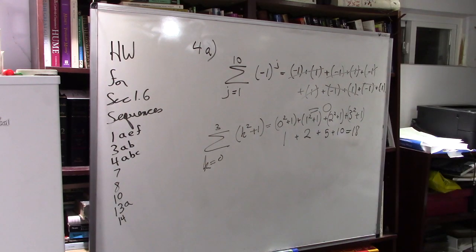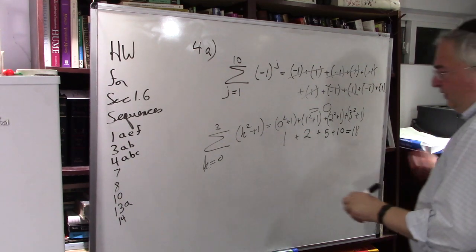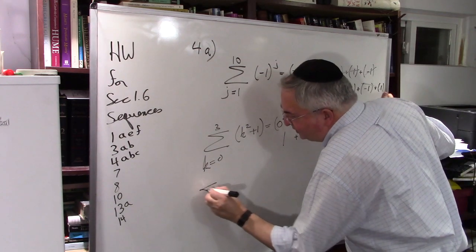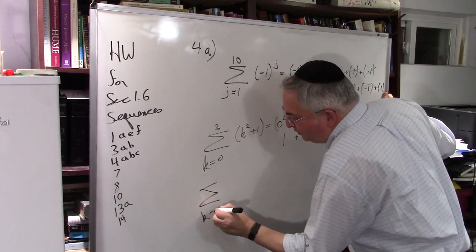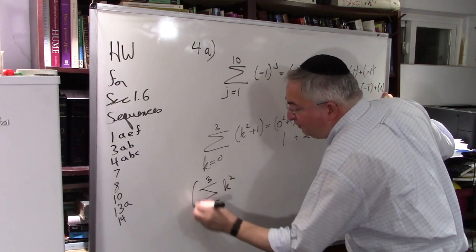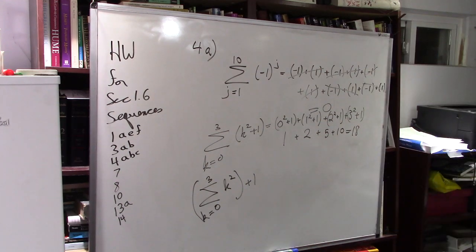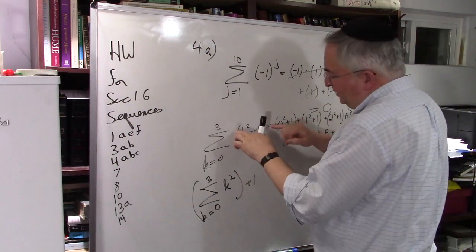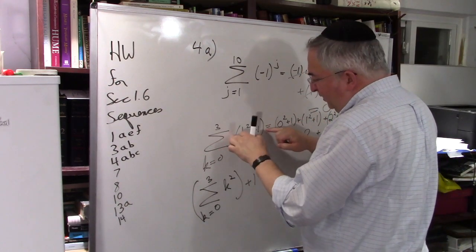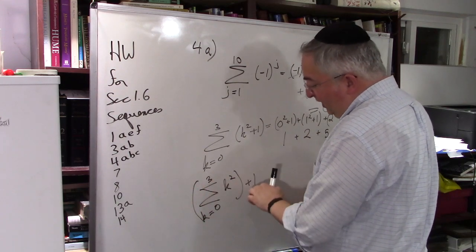Next, they just want to show you the difference between this and the next one. So what's this? The sum of k equals 0 till 3 of k squared, parentheses, plus 1. This parentheses means do each one of these with a plus 1. Now this parentheses means do this and then do a plus 1.